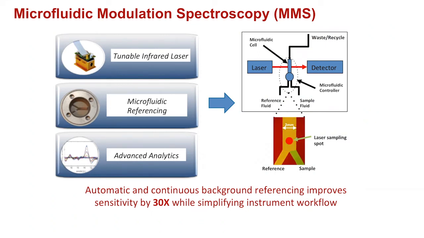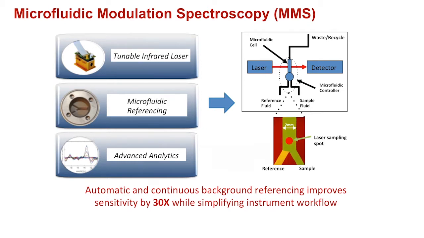While doing measurement, sample and reference streams are injected alternately into the flow cell, passing through the sampling spot. The absorbance of sample and reference are measured almost simultaneously. Reference absorbance is subtracted from the sample absorbance in real time, and the reference-corrected absorbance spectra are collected.